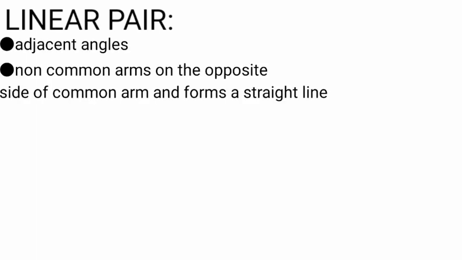Now linear pair. It is also adjacent angles, but it has an extra property that non-common arms are on the opposite side of the common arm or form a straight angle. Look at this diagram.